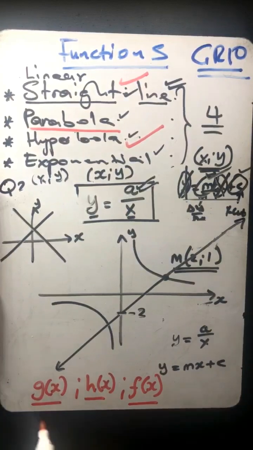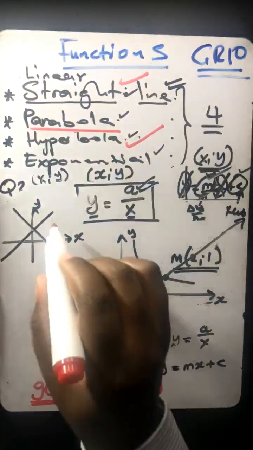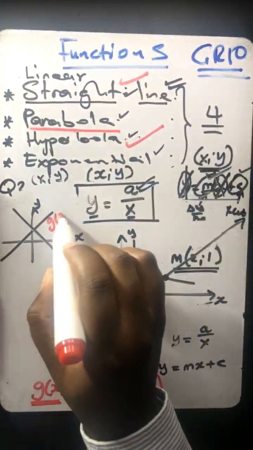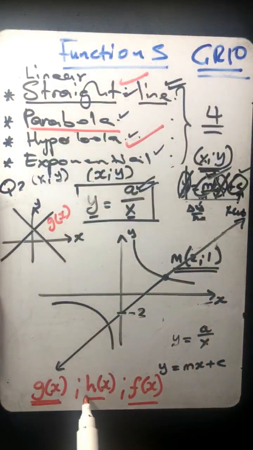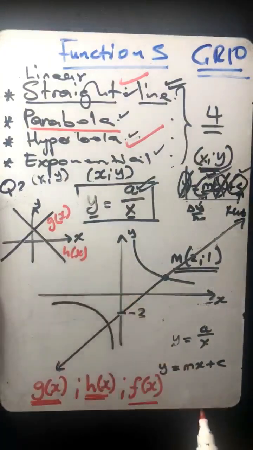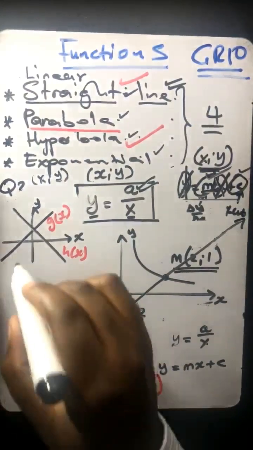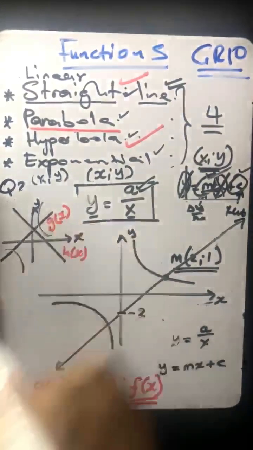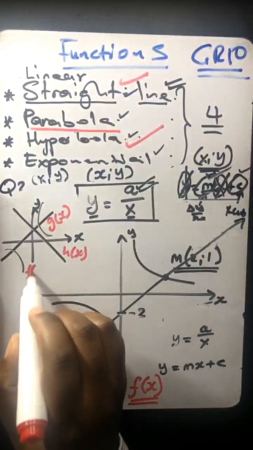So one said, okay, we'll name one function g of x. And then another said, we'll name another one h of x. And then the third said, okay, if it's three functions on one Cartesian plane, maybe we have another one. Then we'll name that one f of x.